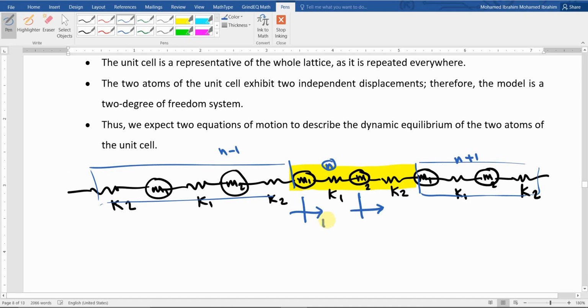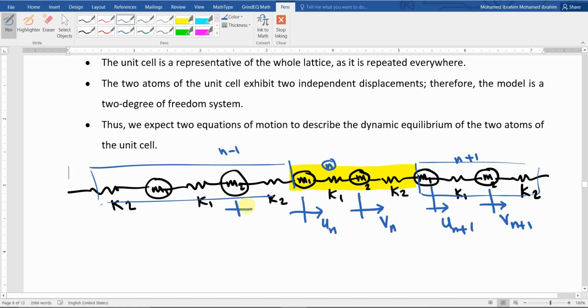So let us assume, for example, U for mass 1 that belongs to unit cell N, and V is the displacement of mass 2 that belongs to unit cell N. What should be the displacement of M1 that belongs to unit cell N plus 1? It should be Un plus 1. And the displacement of mass 2 that belongs to unit cell N plus 1 should be Vn plus 1.